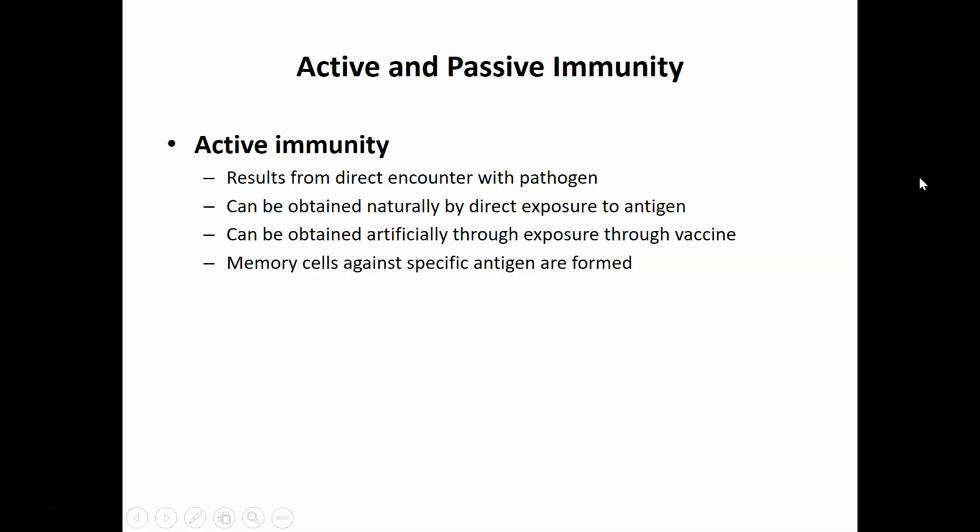All right, second topic and the last topic that I'll cover in this chapter has to do with active versus passive immunity. So what is the difference between active immunity and passive immunity? So we get immunity either humoral or cell-mediated. Active immunity results from direct exposure to an antigen or a pathogen.